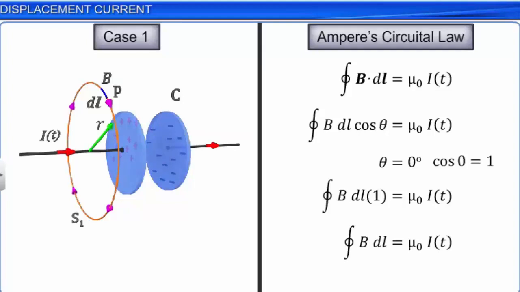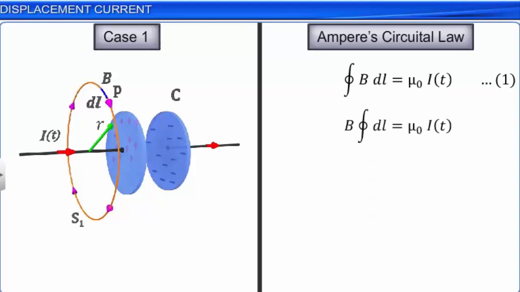The circular loop is symmetric with respect to the conducting wire. Hence, the magnitude of the magnetic field is constant at any point on the circumference of the circular loop. That is, B into integral over the closed loop dl is equal to mu naught IT.